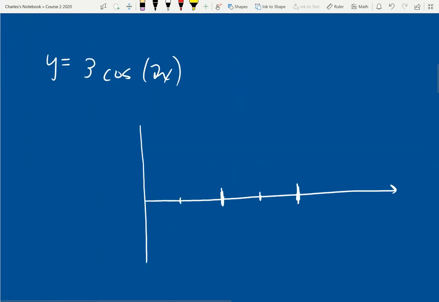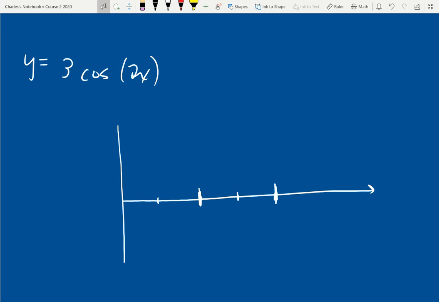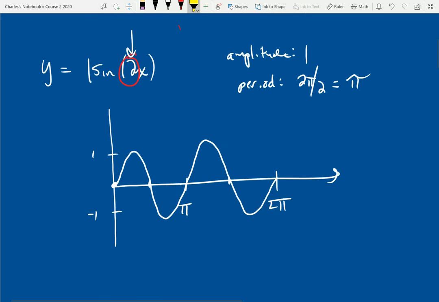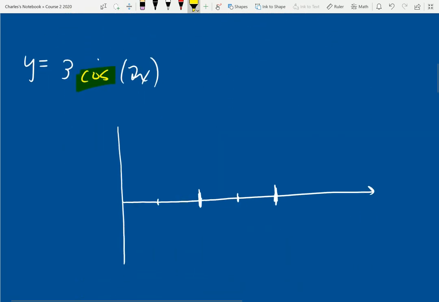Okay, let's try another one. Let's try one where we have a couple of things going on. First of all, it is a cosine. What's different about a cosine? Sine starts in the middle, cosine starts on the top. So in this case, my cosine is going to start on the top. How high is the top going to be? It's going to be 3. How low is the bottom going to be?